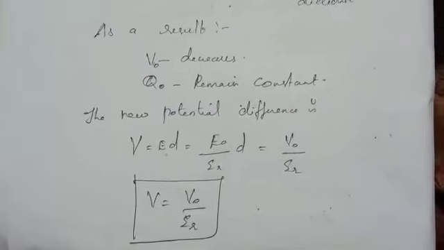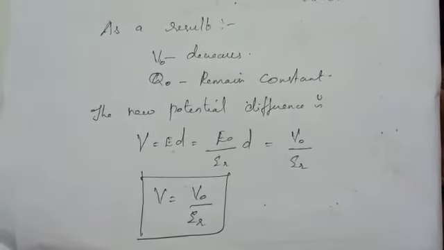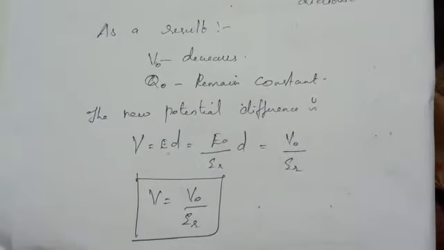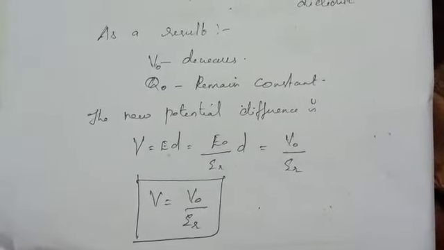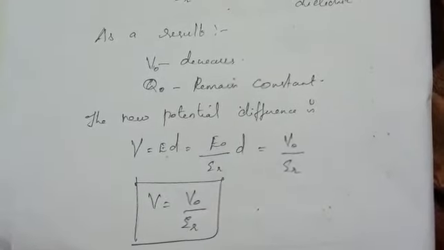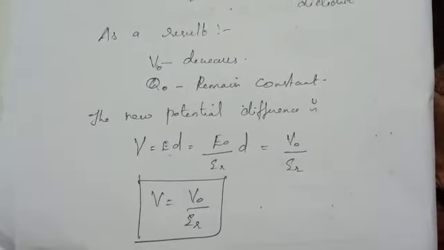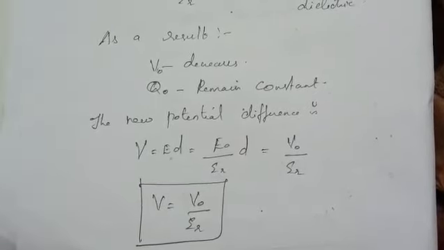V0 means the potential difference when the battery was initially connected, and Q0 remains constant before and after the connection and disconnection. Next, the new potential difference. V0 decreases now, so we have to find the new potential difference, V. You know the relation between the electric field and potential difference: V equals E times d.